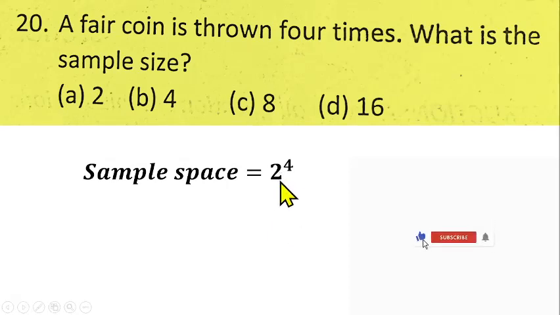Then raised to power 4, that's the number of coins you have, which is 4. So 2 raised to power 4 should give us 16. So when you throw 4 coins at the same time, the sample space is going to have 16 outcomes. So option D is the correct option for question number 20.